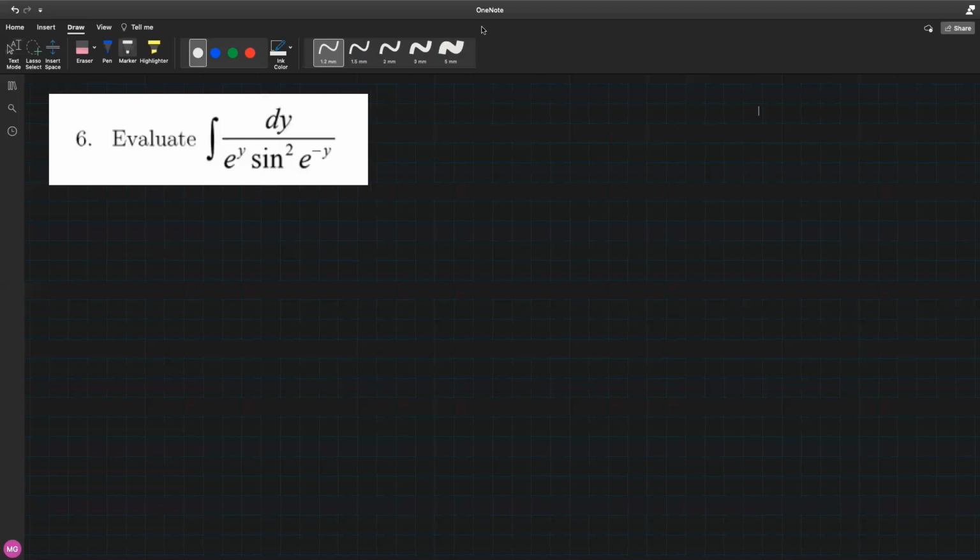So the question is number 6, evaluate the integral dy over e raised to y sine squared e raised to negative y. So we can go ahead and let our u equals negative y with our du equals negative e raised to the negative y dy. So we can simplify our expression.